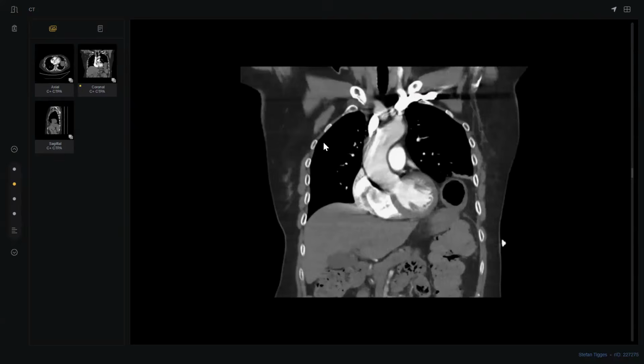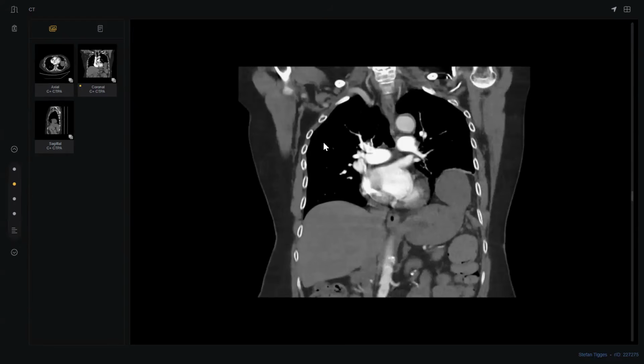From this section, why couldn't you see any enhancement within the herniated bowel or the underlying bowel?